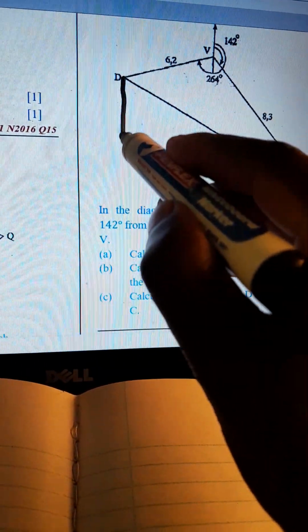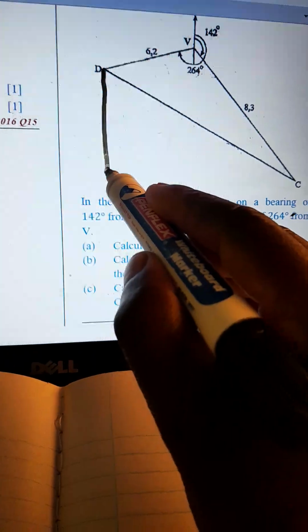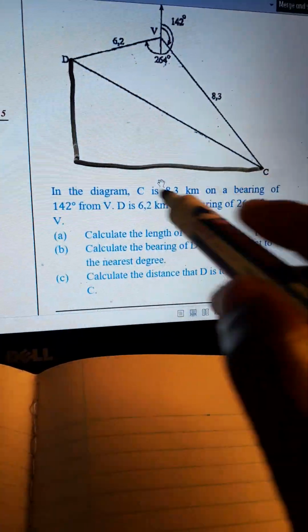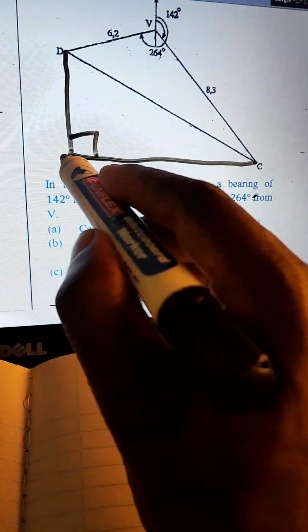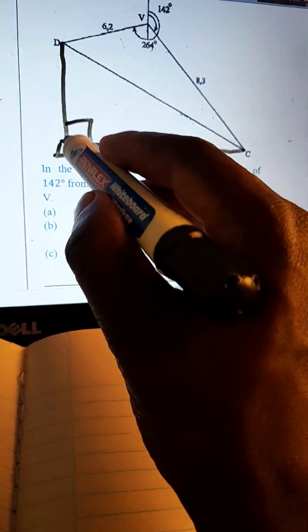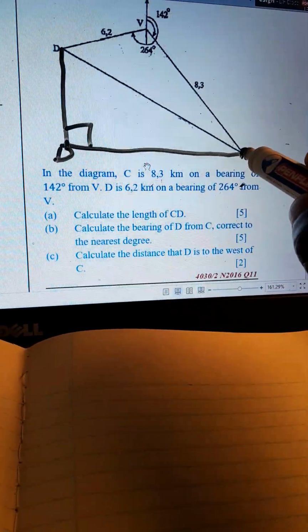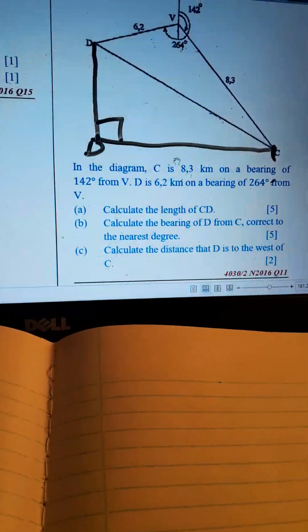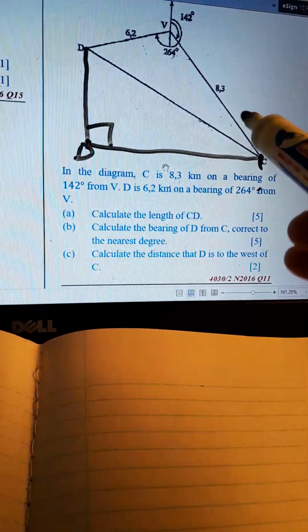So if D is to the west of C, you draw your vertical line and the horizontal line joining, meaning to say the position of D becomes here. That is the position of D. So we need this distance from D up to C. That distance from D to C, right?